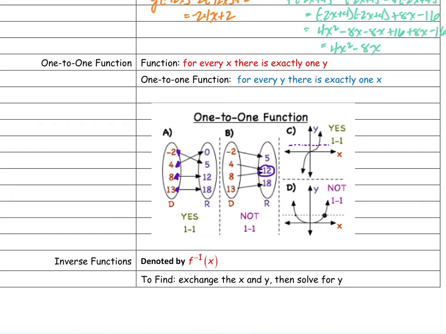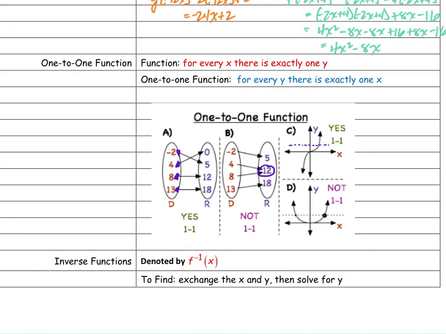So that's why I can find inverses for anything, but for the inverse to be a function, the function has to be a one-to-one function. So I can find an inverse for a quadratic, but it might not be a one-to-one function. The inverse might not be a function.